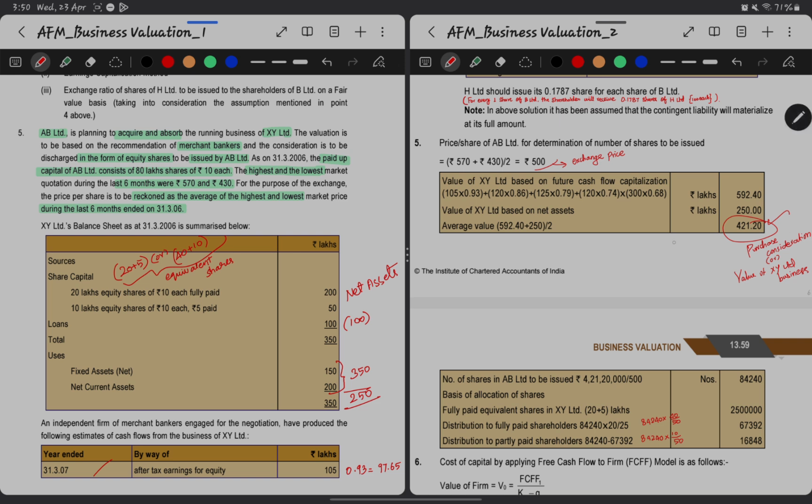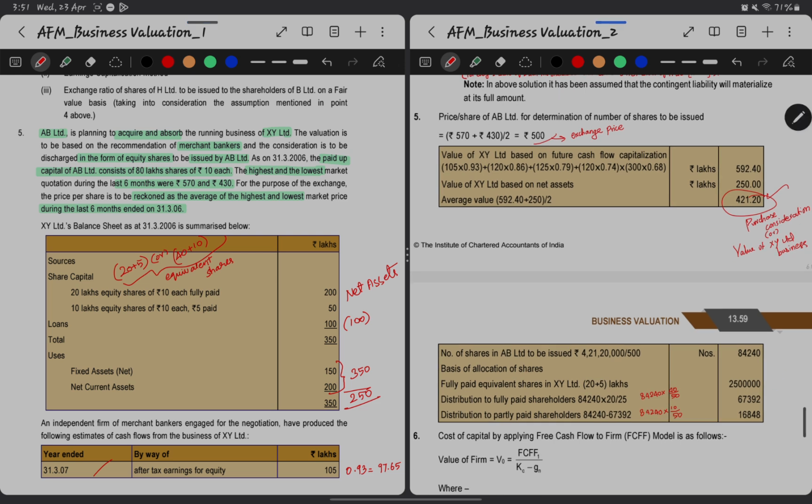So this is an acquisition, so 421.2 is the value of XY Limited, and that will be the purchase consideration also. But for this purchase consideration, how many shares of AB Limited are given, because they told the discharge is in the form of equity shares. So AB Limited will not be giving money worth 421, but will be giving its own shares to acquire XY Limited. We know the exchange price is 500.